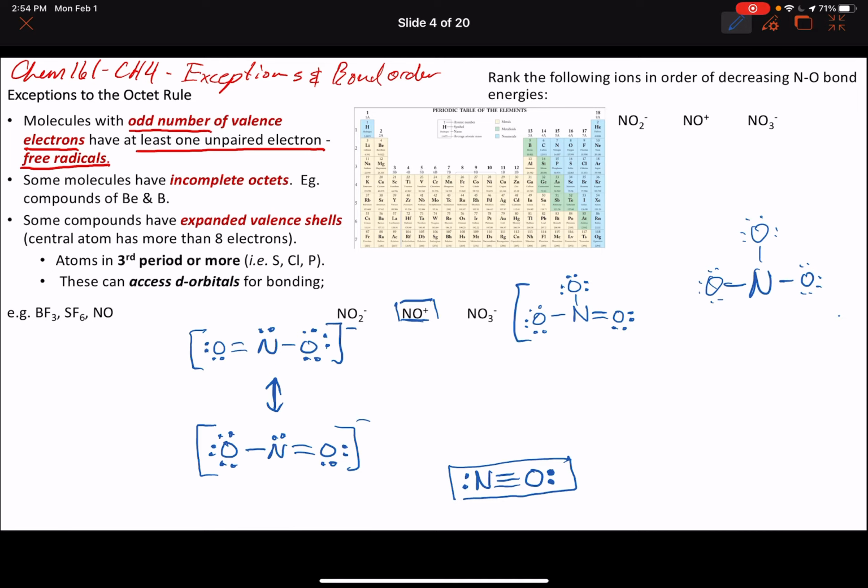Okay, all with a minus charge. That is in resonance with the next option, where we might have the double bond at the top.